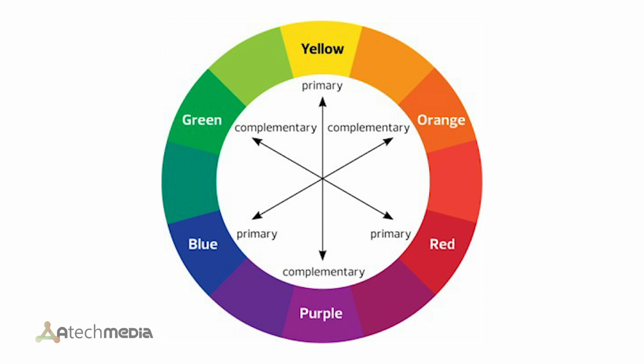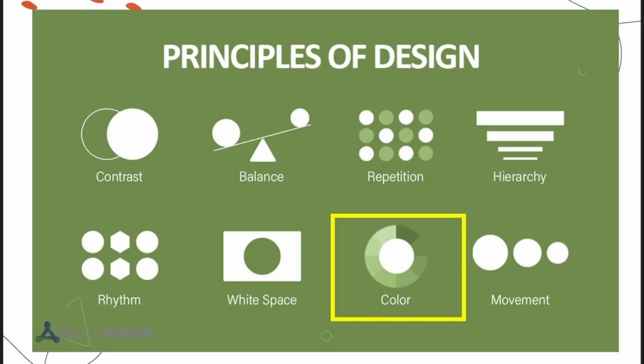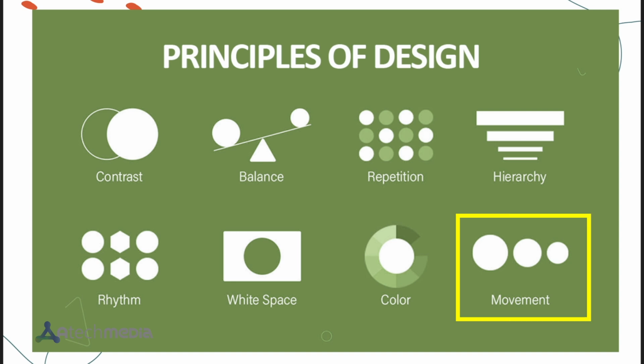Another thing you have is movement. Movement states how the design helps to direct your eyes through itself. For instance, a design should be able to direct the individual's eyes from the top downwards. Say you are writing "help me reach my goal."